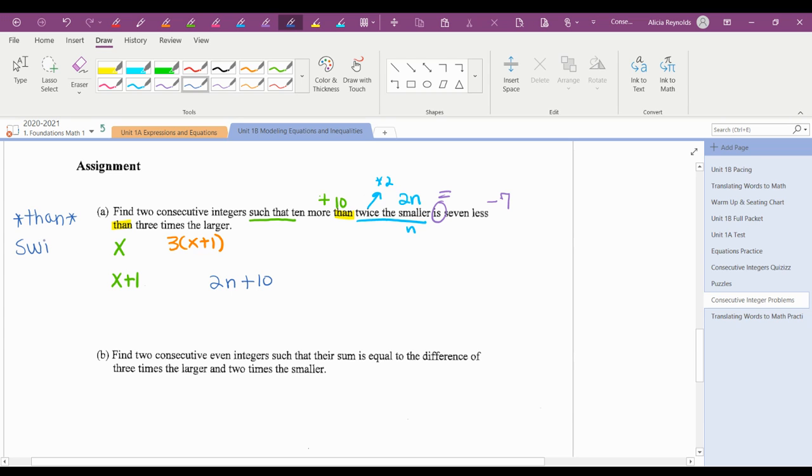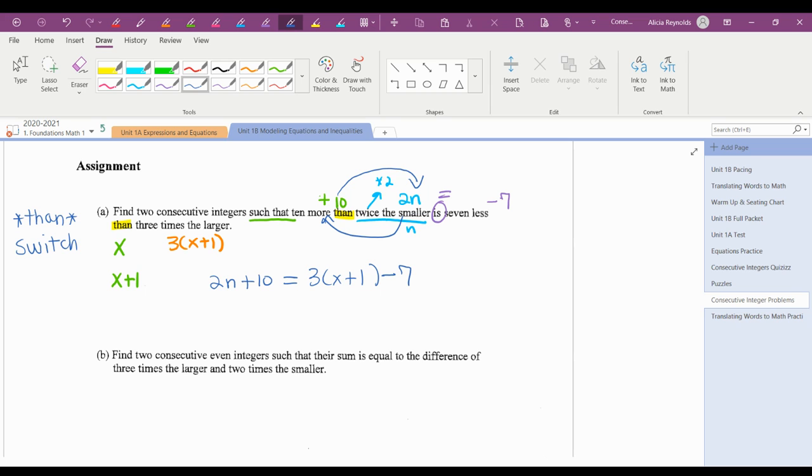It's telling us to switch the part that comes after with what comes before. So this has to go here and this has to go there. Same thing with this last part. So is means equal. And then I have 3 times x plus 1 minus 7. So again, minus 7 went after 3 times the larger.